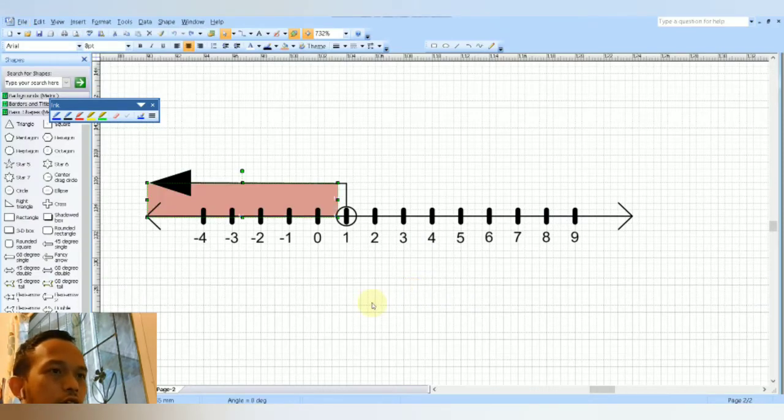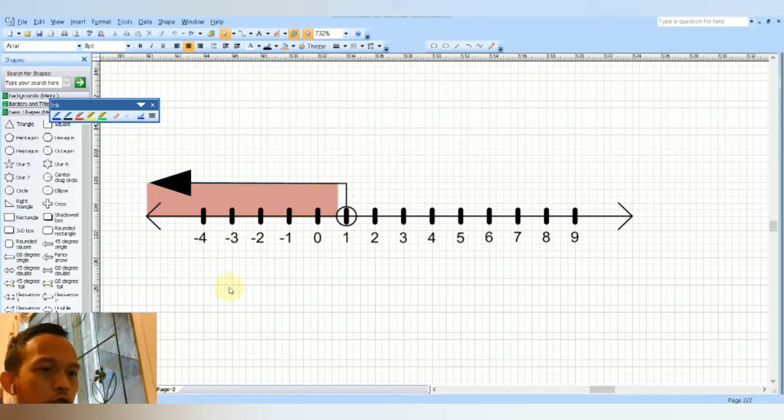Then I put a shade here. I just want to show you that all the numbers in this shaded area are all the solutions you have. But again, the shading part is not mandatory, as long as you show the open circle and the area that is covered by the arrow. Don't forget, closed circle and open circle make a big difference. So you have to be careful in putting either closed or open.